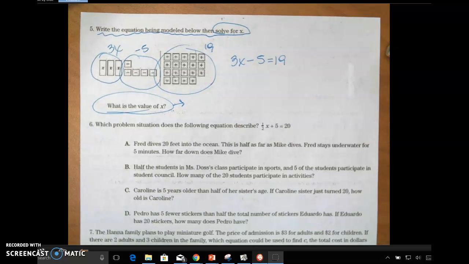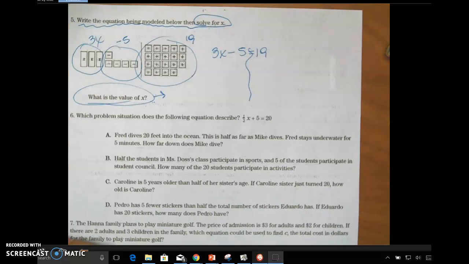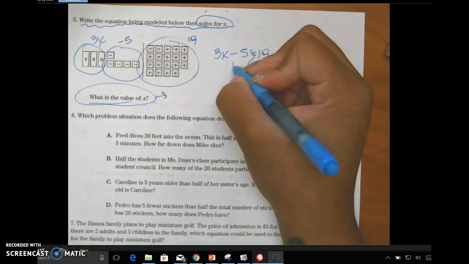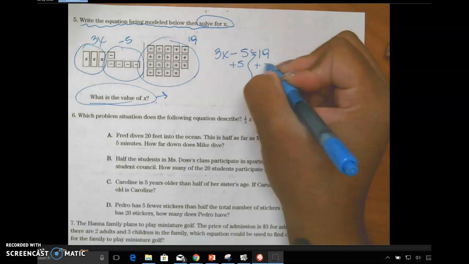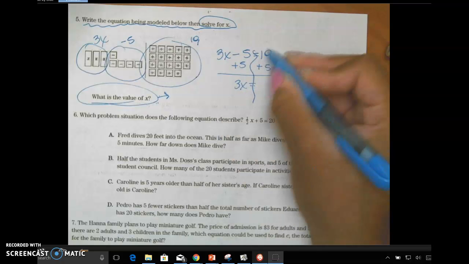Good. Draw a river. Then who do we get rid of? 5. How? I can't cancel it out. That's not mathematical. Positive 5 on both sides. 3x equals 19 plus 5.